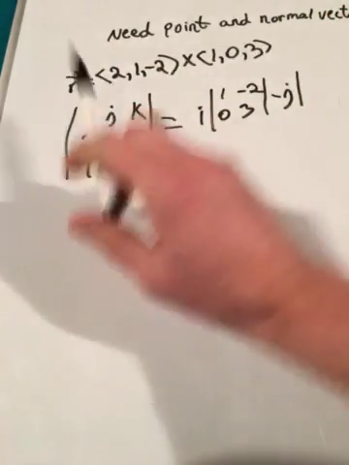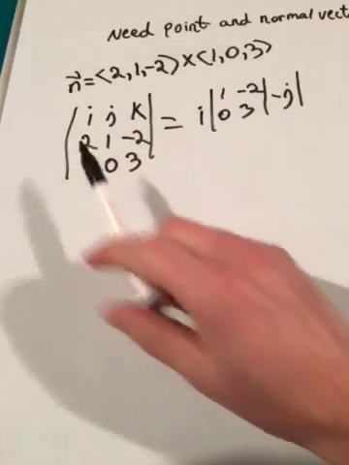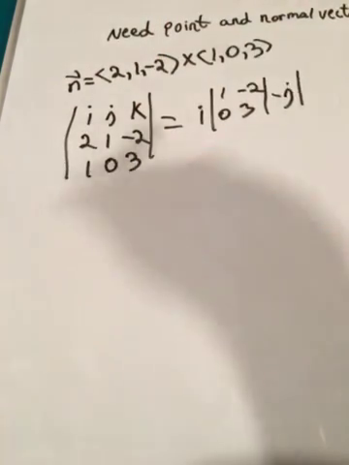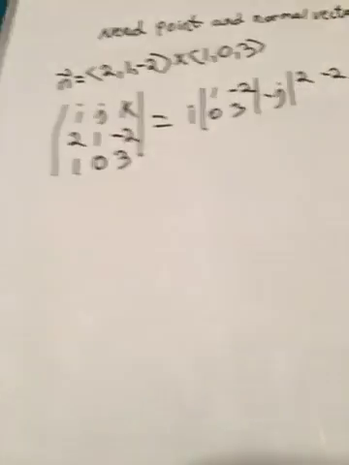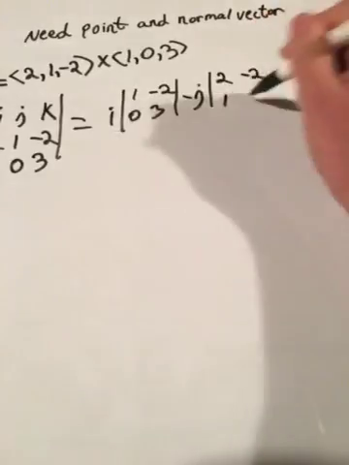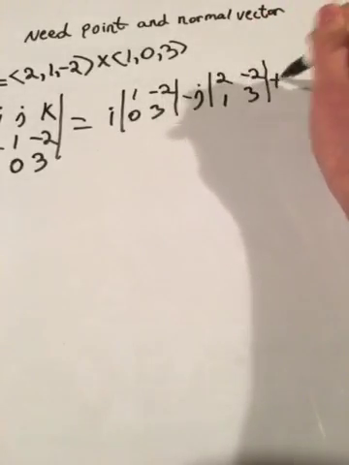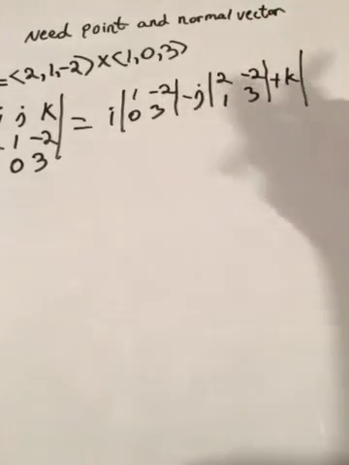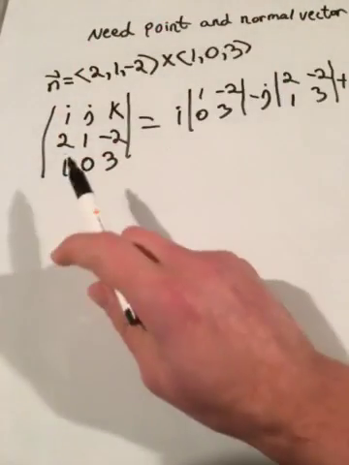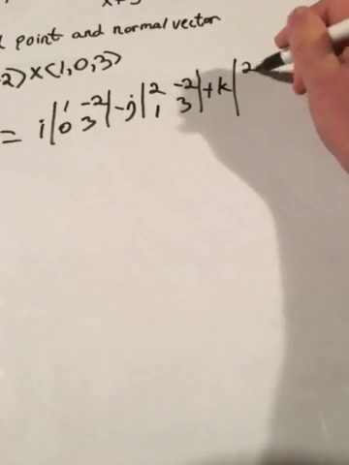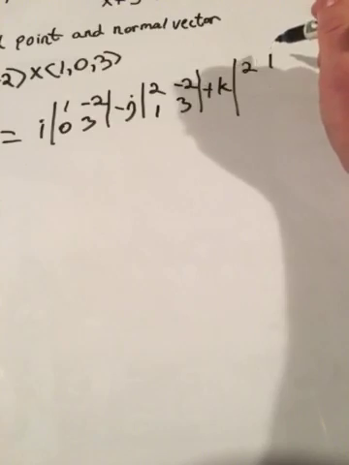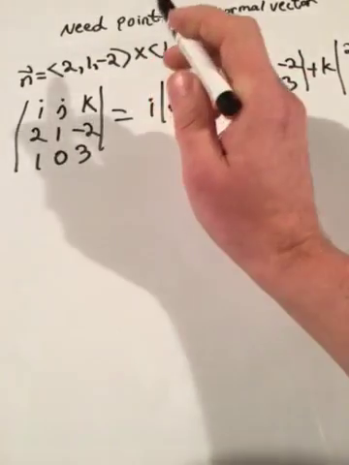If you cross out the column and row of j, you're left with 2, negative 2, 1, 3. And then plus k times its minor. If you cross out the row and column of k, you're left with 2, 1, 1, 0.